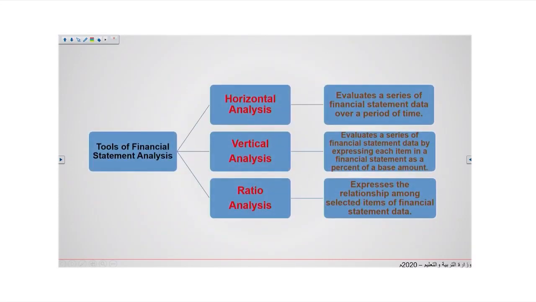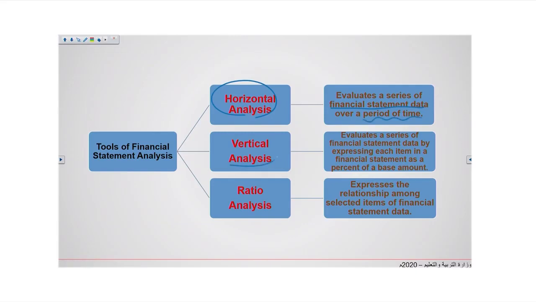Okay, the tools of financial statement analysis. For horizontal analysis, we can evaluate the series of financial statement data over a period of time.